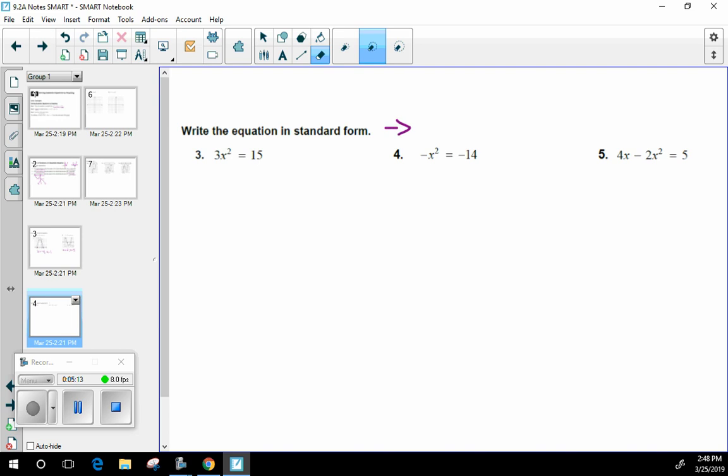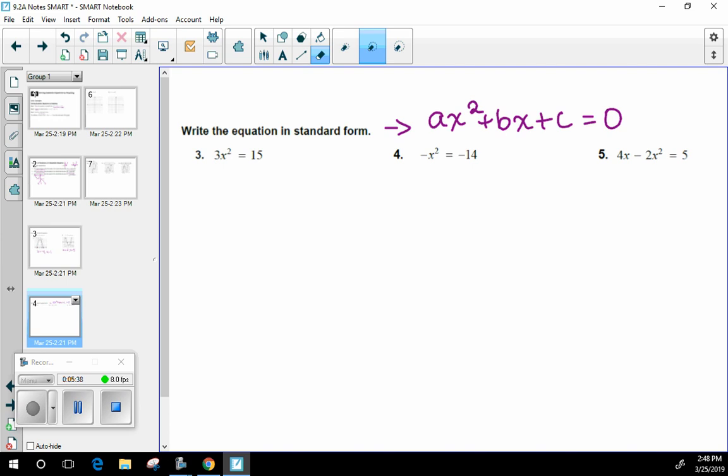That means that we rewrite this so that all of the terms are together on one side in the proper order, right? The second degree, first degree, and constant. And then there's nothing on the other side. Okay? So if it's already given to us in that way, then that's awesome. But if not, then we want to make sure we rewrite it like this before we start the graphing.